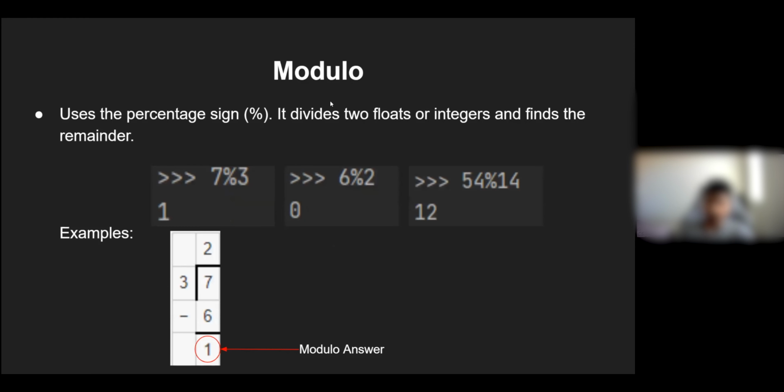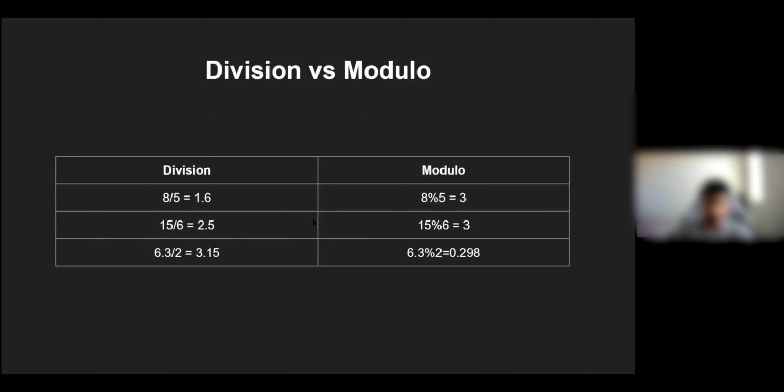Next we have the modulo. It uses the percentage sign, so you can divide floats or integers to find the remainder. If we did 7 divided by 3, we get 2 as the quotient and 1 as the remainder, and it would output 1 in this case because we're using modulo. If we divided 6 by 2, we'd get no remainder, so it would print 0.